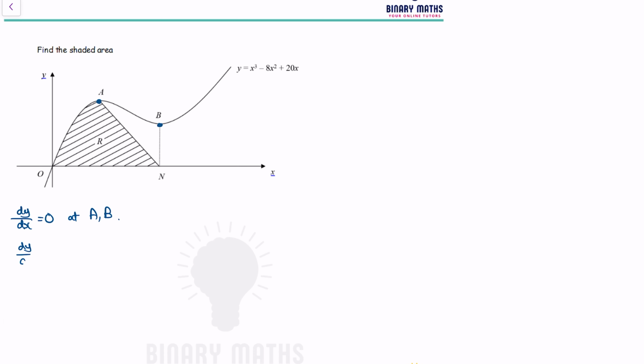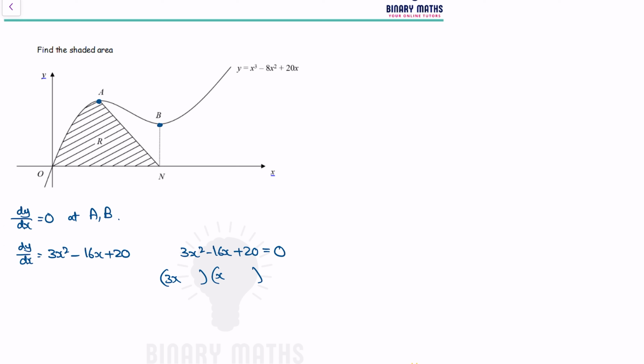So dy dx, we differentiate y with respect to x, I get 3x squared minus 16x plus 20. So that means I need to make 3x squared minus 16x plus 20 equal 0. If I factorize it, I've got 3x in one, x in the other.